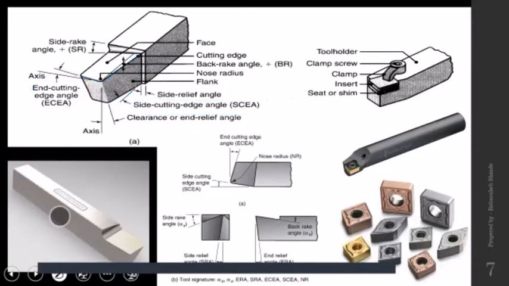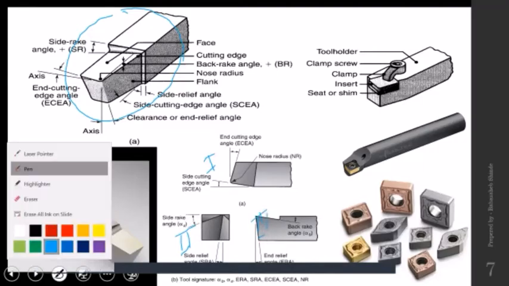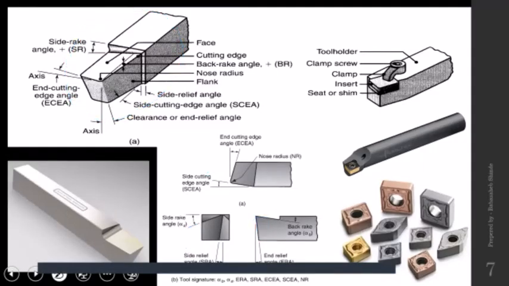Now, to simplify this 3D sketch, these three views are used. This is the first one, this is the second one, and this is the third one. If I look at this tool from the top, the view that I get is represented in sketch A. When I look at the cutting tool from the top, this view will be visible to me.